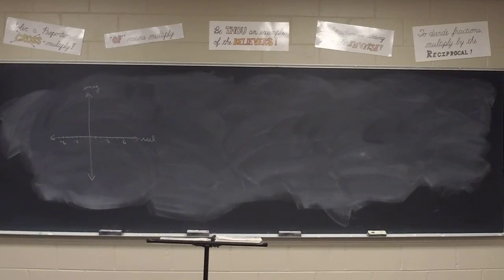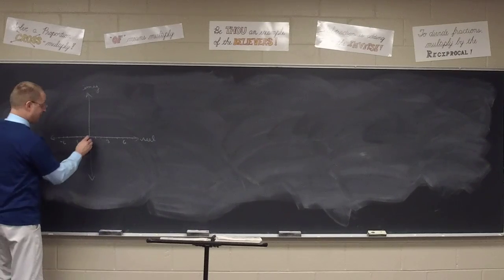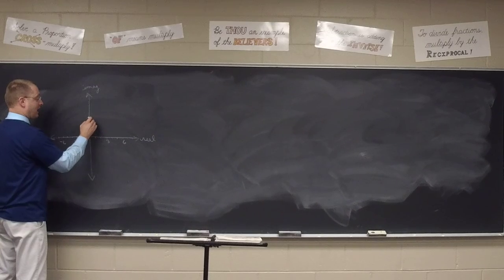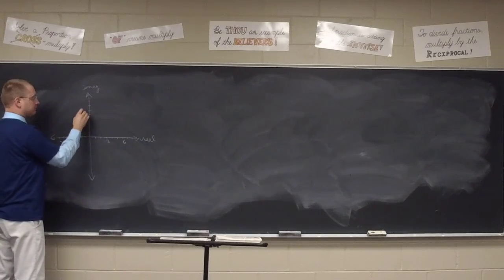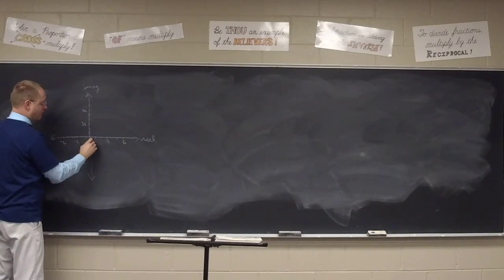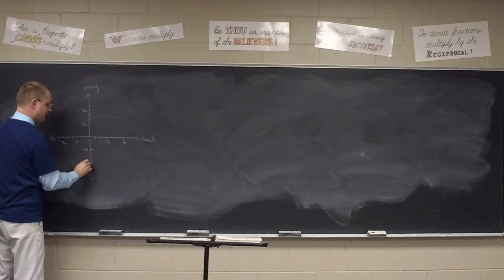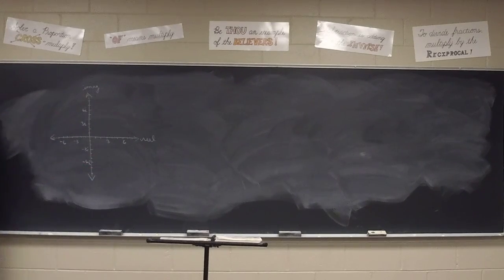You could probably guess what kind of numbers you have. i, 2i, 3i, 4i, 5i, 6i, 7i, 8i, right? And going down -i, -2i, -3i, -4i, -5i, -6i, and so forth. So your real and your imaginary values are on those two axes.